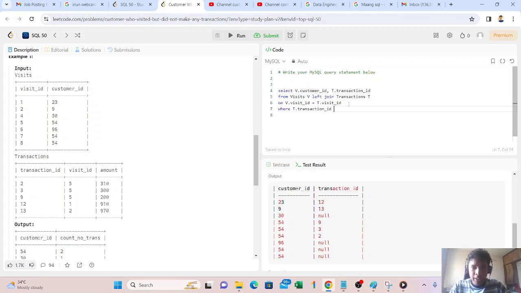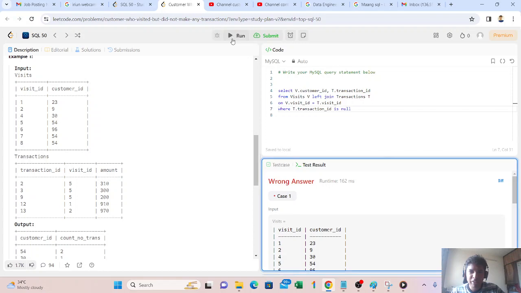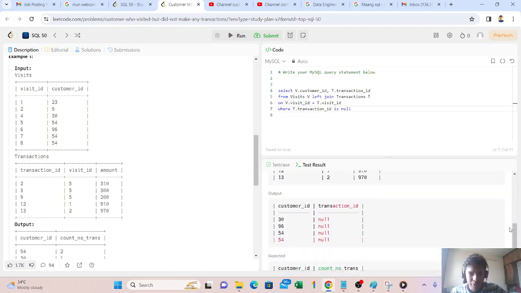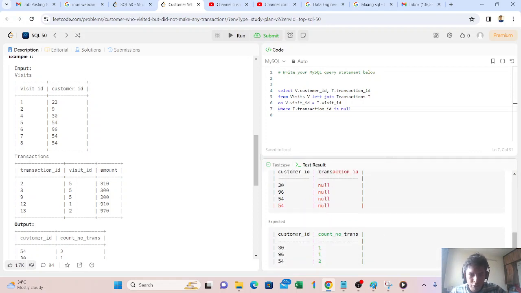Now just quickly run this and see what we get. I'm running on every step so that anyone who has confusion would be able to correctly understand how this is working. Now see, 54 twice null, 96 one time null, and 30 one time null. This we have to get and this we are currently getting.